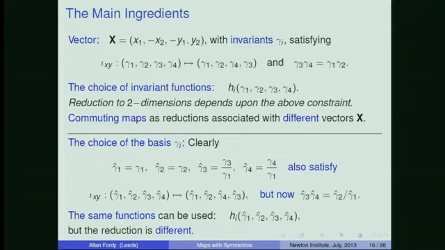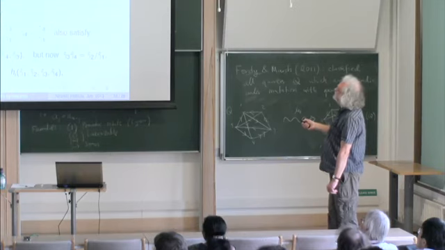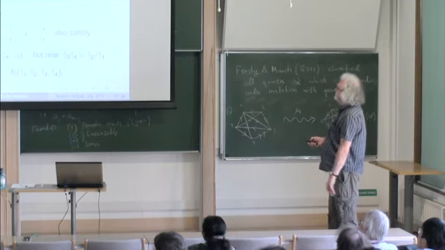I could choose the previous gamma 1, gamma 2, gamma 3, gamma 4 that I previously had, and because gamma 1 and gamma 2 remain fixed and gamma 3, 4 interchange, if I just divide by gamma 1 here, say, I don't change this condition at all. But I do change this property. So it will reduce to a different Hamiltonian on 2-dimensional space.